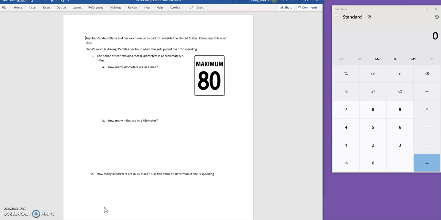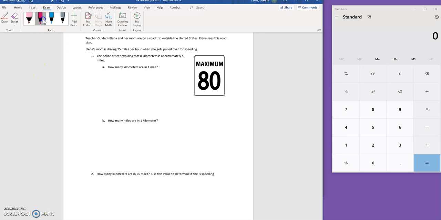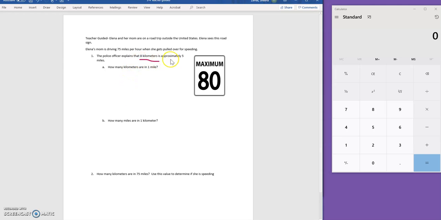To decide if she is speeding or not, we are going to calculate two unit rates. First one, we are going to calculate how many kilometers there are in 1 mile. To calculate a unit rate, we can take the original information and organize it into two fractions.